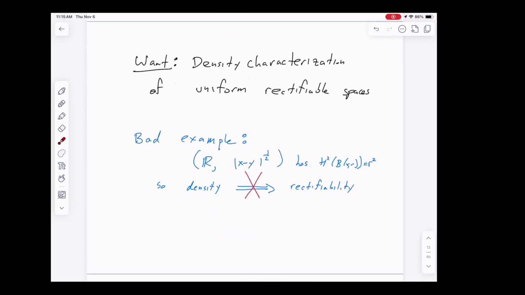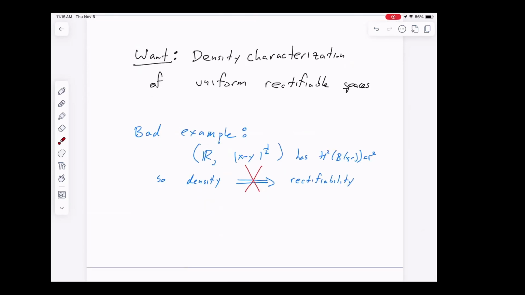So I said that we want a density characterization of uniformly rectifiable spaces. This is inherently not feasible, because if you take the real line with the snowflake metric, the square root of the distance, then every ball has measure exactly r squared.